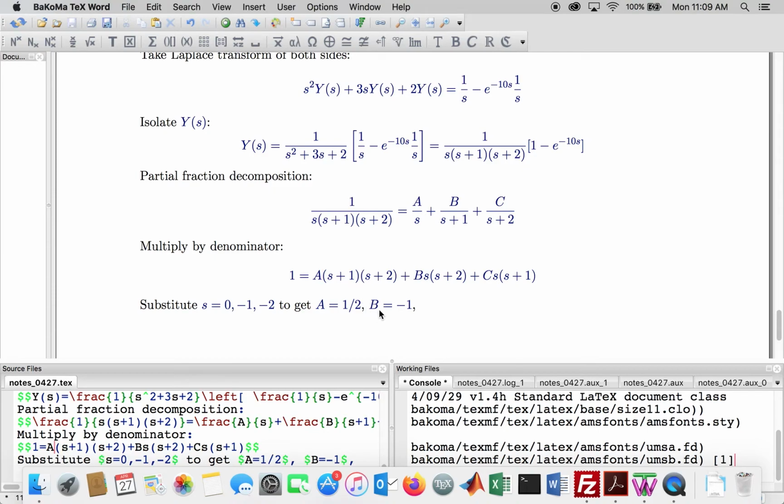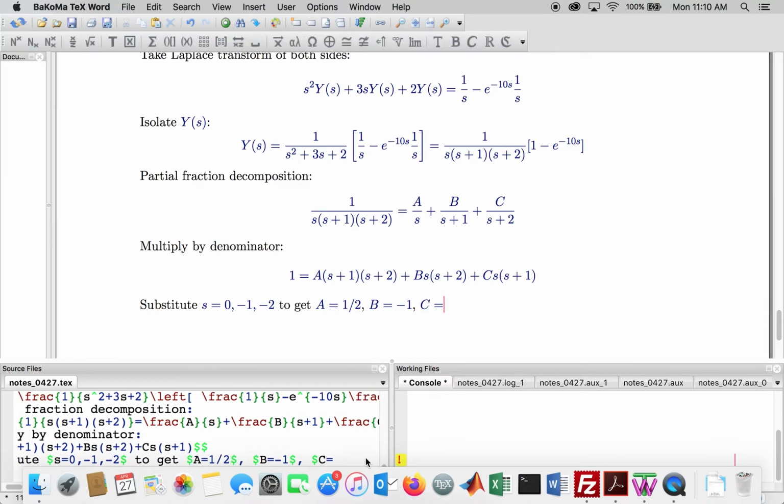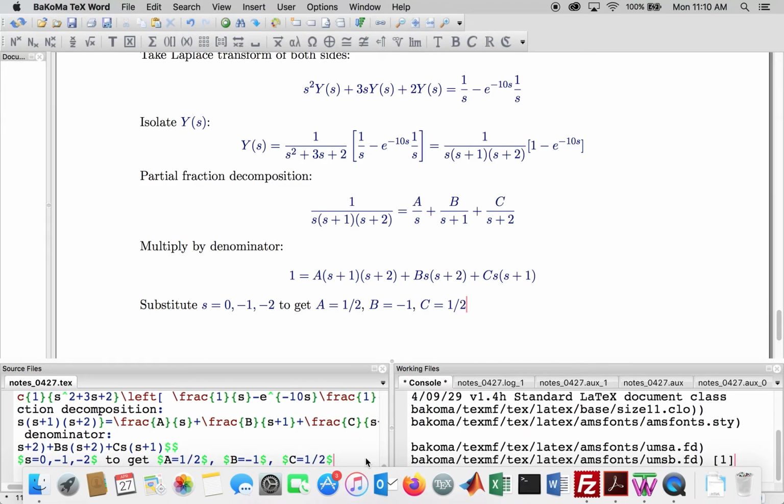So substituting s equal to minus 1 gives us B equal to minus 1. Substituting s equal to minus 2 wipes out the A term and the B term. So I have C times minus 2 times minus 2 plus 1, which is plus 1. So I have 1 is equal to C times a positive 2. So C turns out to be equal to plus 1/2.